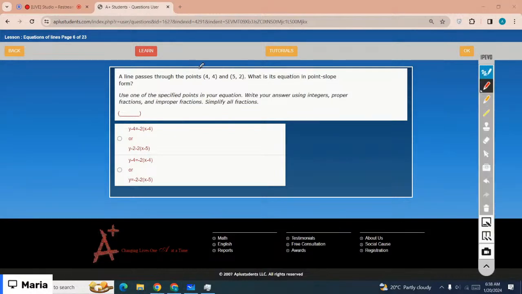So the equation in point slope form is y minus y1 equals m times x minus x1. Just calculate the slope first, right? M equals y2 minus y1 over x2 minus x1, 2 minus 4 divided by 5 minus 4.